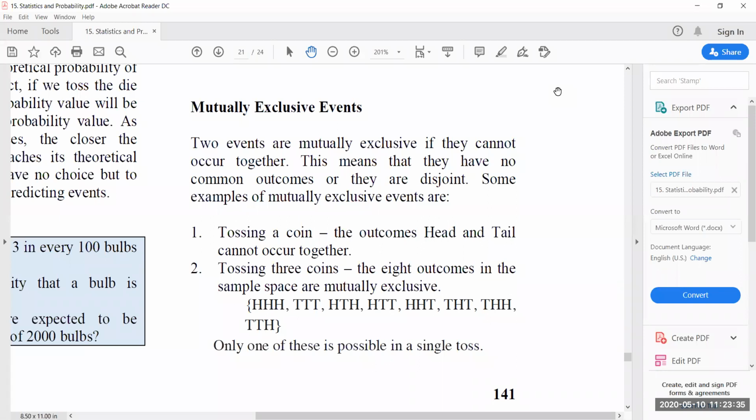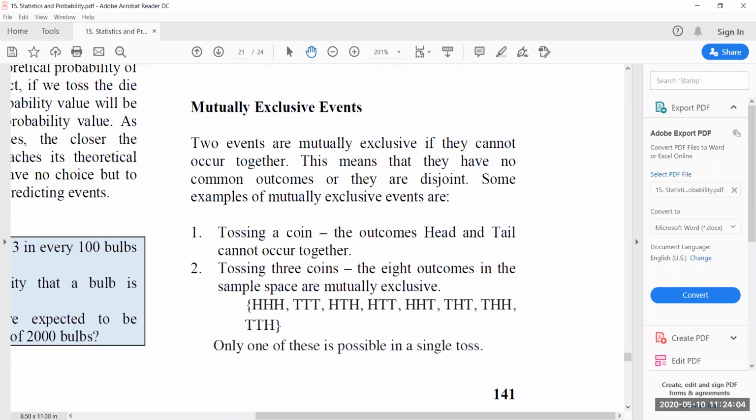Tossing 3 coins, the 8 outcomes in the sample space are head, head, head; tail, tail, tail; head, tail, head; tail, tail, head; tail, head, tail; tail, tail, head; head, head, tail; or tail, tail, head. You can get any one of these possibilities if you toss 3 coins. You cannot get anything other than these possibilities here.